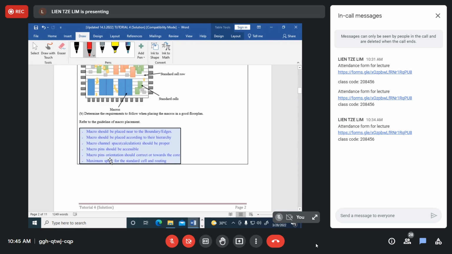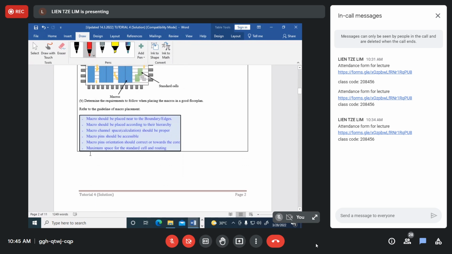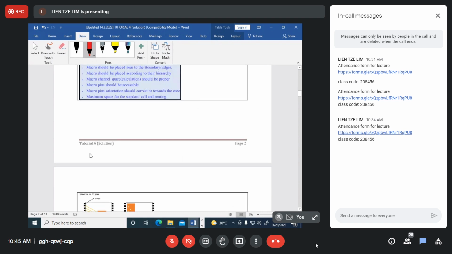The guideline mentions that the macro should be placed near the boundary or edges. The macro should be placed according to their hierarchy, and the channel space should be proper. The macro pins should be accessible. The macro pin's orientation should be correct, towards the core. And there should be maximum space for the standard cells and routing.